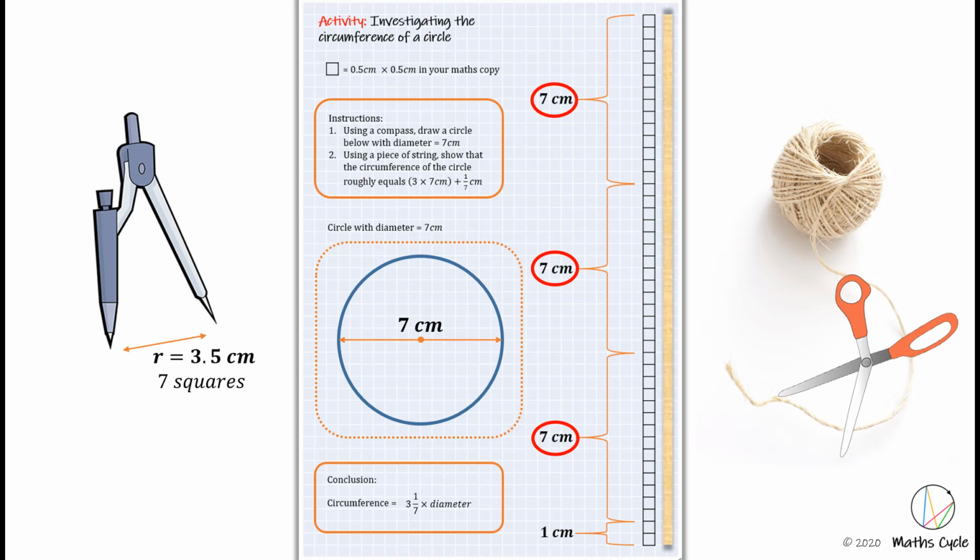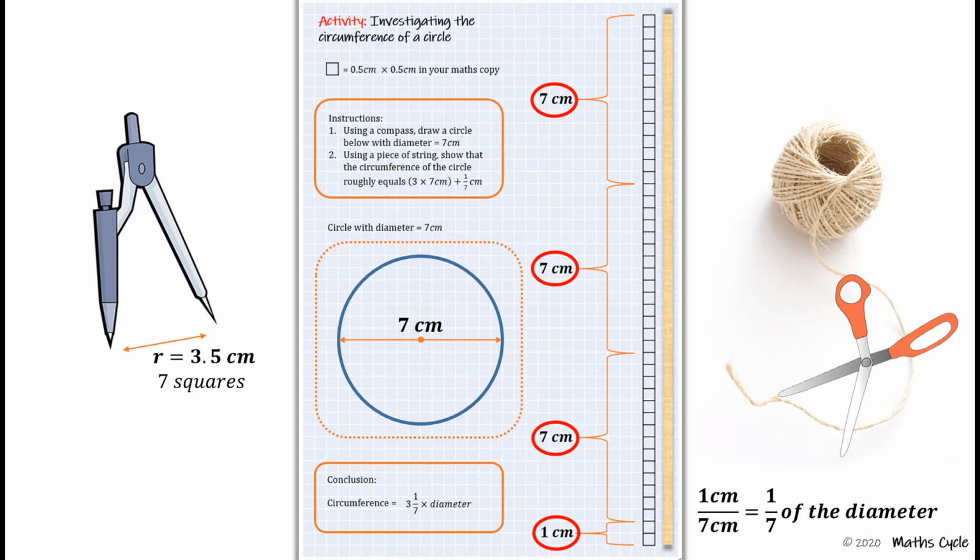And then the very last little bit is 1 centimeter. So 1 centimeter out of 7 centimeters, which is the diameter, equals 1/7 of the diameter. So there's my 3 diameters and 1/7 of the diameter. So that's how long we've cut our piece of string.